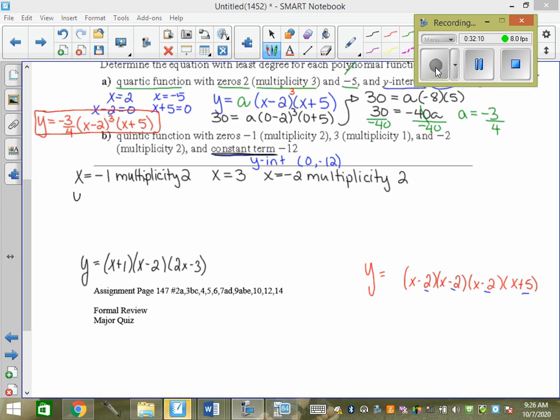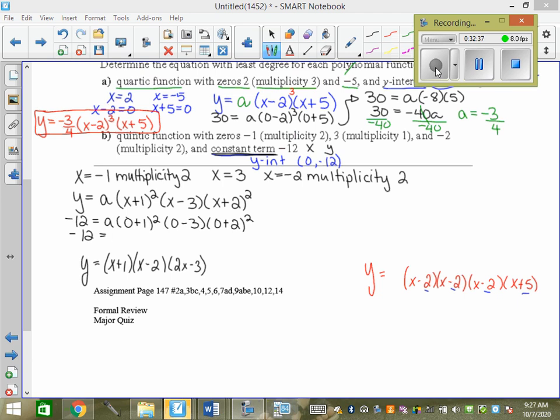So I'm going to get y equals a x plus 1 squared, x minus 3 by moving it over, x plus 2 squared. I need to plug in my x and my y. So I get negative 12 equals a 0 plus 1 squared, 0 minus 3, 0 plus 2 squared.